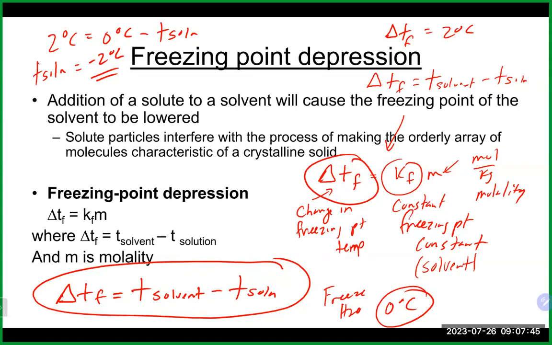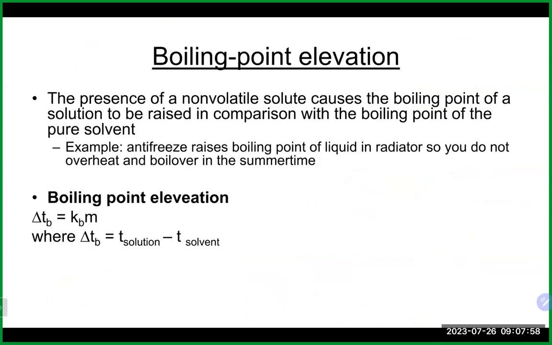Question on that there. This formula that we're looking at, again, is for when we dissolve non-ionic solutes in it. We'll talk about what happens when we do something that's ionic in a bit, but this is for non-ionic stuff. Now, boiling point is also affected by stuff that is dissolved in it, and it's actually boiling point elevation, which means by dissolving stuff in that solvent, you will actually be raising the boiling point from where it normally would be.